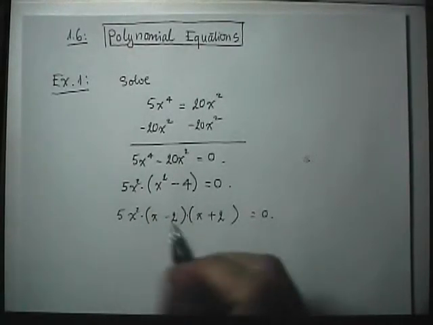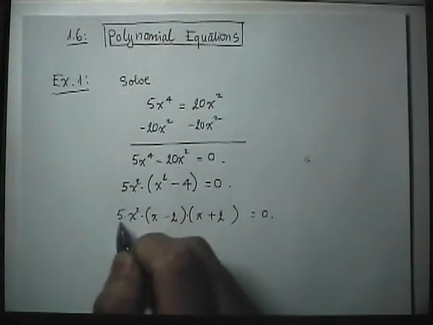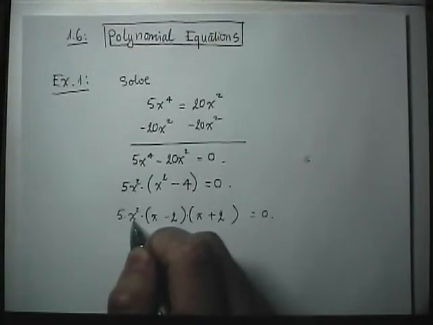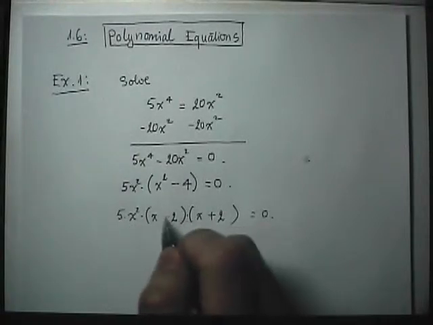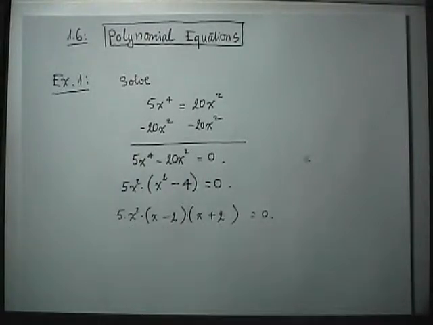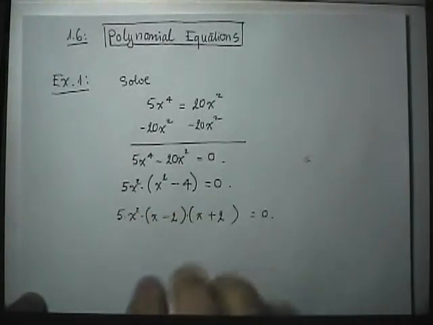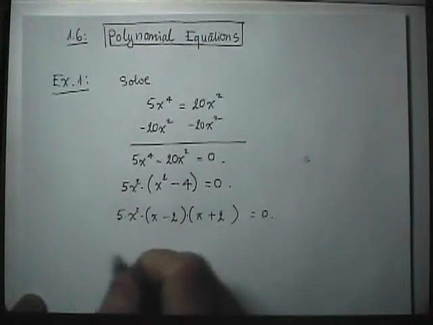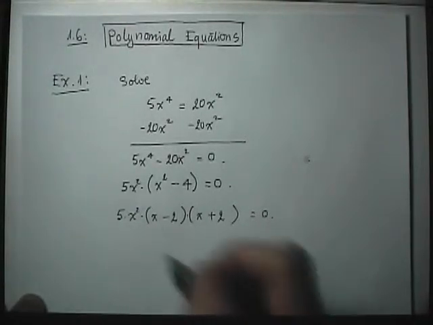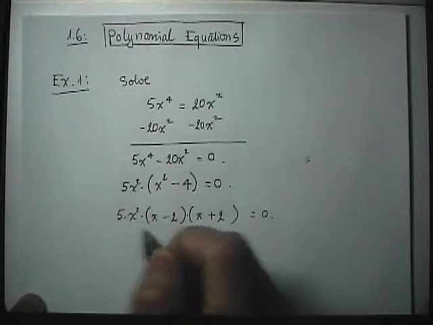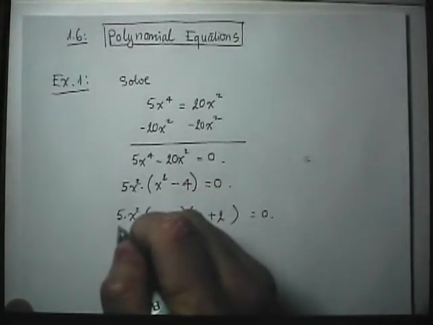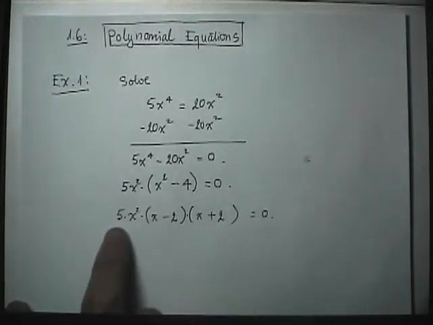So what factors do we have here? We have a factor 5, which is a constant, non-zero factor. You have an x squared factor, which is x times x. You have an x minus 2, and you have an x plus 2. To solve, we take each factor and set it equal to 0, except the constant one, so I'm going to ignore the constant factor. 5 will never be equal to 0.